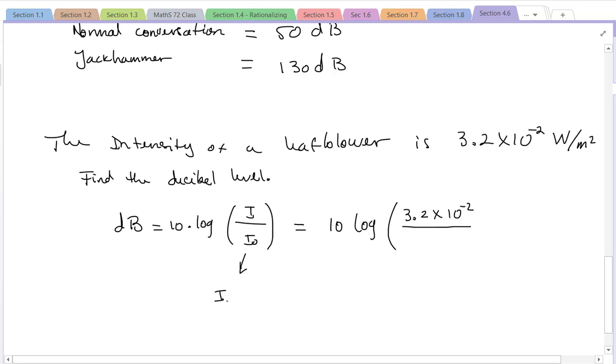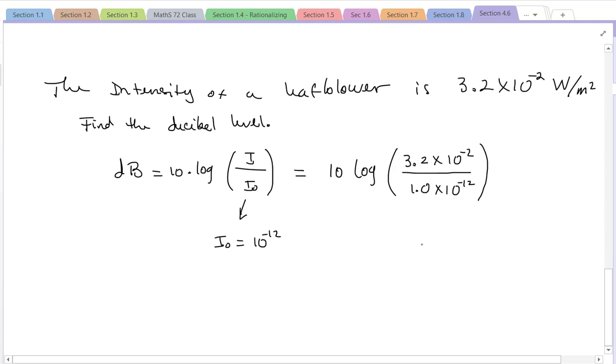So the reference intensity is 10 to the minus 12, so I'm going to put that in here. Because this is written in scientific notation, I'm going to write 10 to the minus 12 as 1.0 times 10 to the negative 12, just to make it look like they're both in scientific notation. I could also just use rules of logarithms if I wanted to separate it.